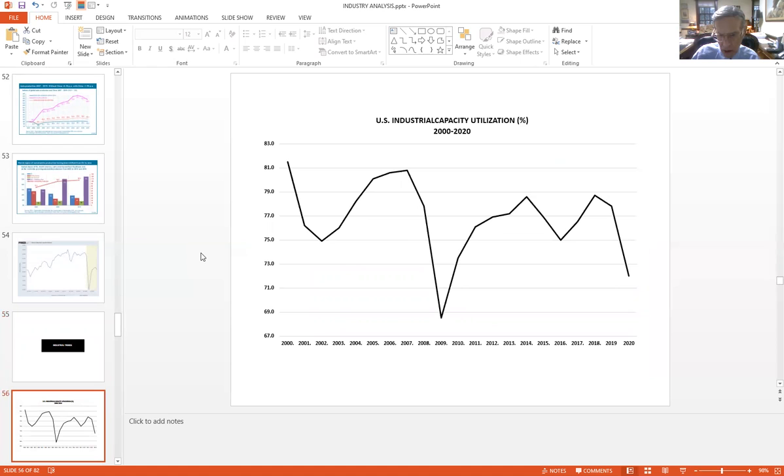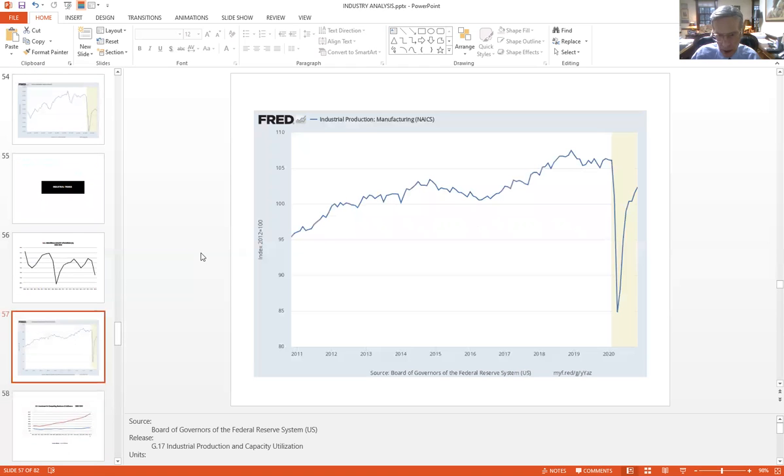We'll just take a look at some other industrial trends. Here we see industrial capacity utilization in the United States through this year. No surprise, really down. So in a situation like that, doing those analyses that we looked at earlier are very important because there's a real premium on identifying the targets of opportunity where there is some profit potential. Here we have all manufacturing in the United States.